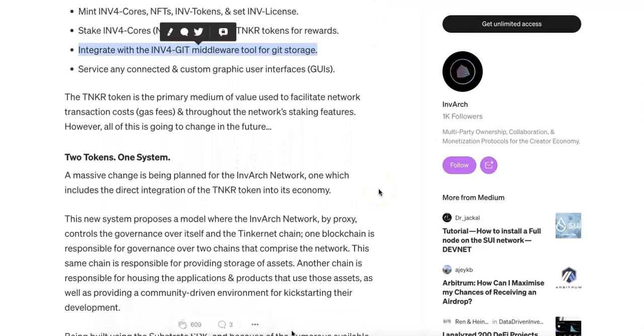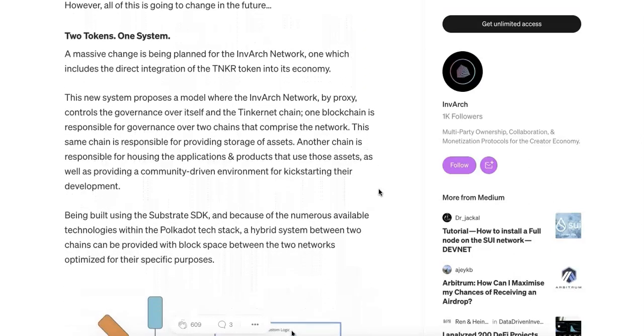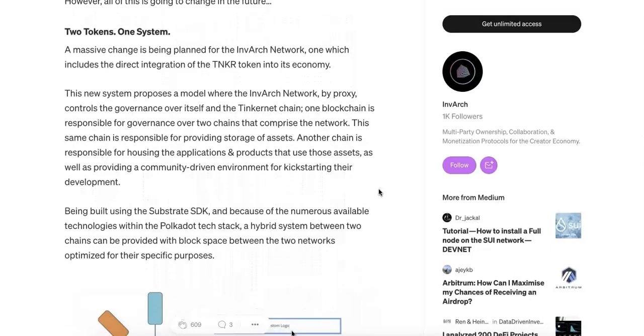In the article, they talk about 2 tokens, 1 system. I think this is also quite creative because right now in Polkadot, they have Polkadot and Kusama, and people have a token on Kusama, they experiment, and then once it's mature, you can have the token on Polkadot.